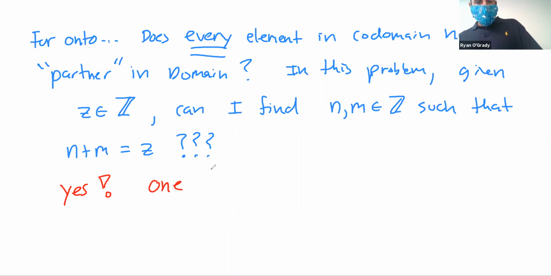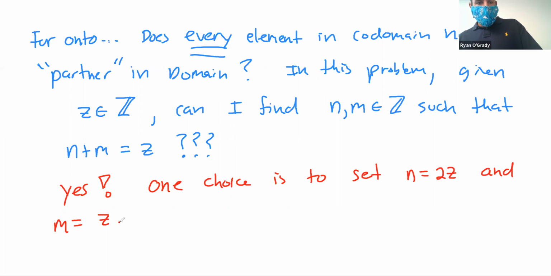Well, one way is to set n equal to 2 times z and m equal to, excuse me, negative z.